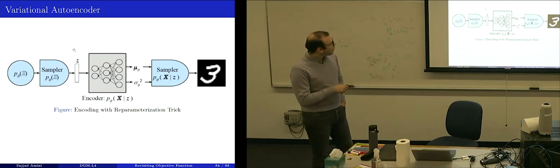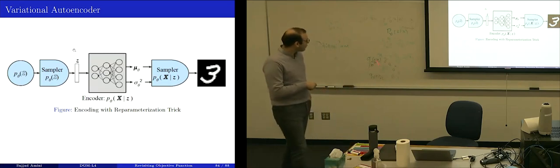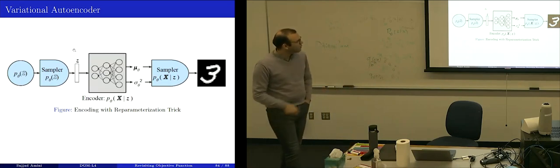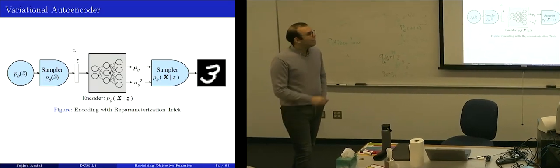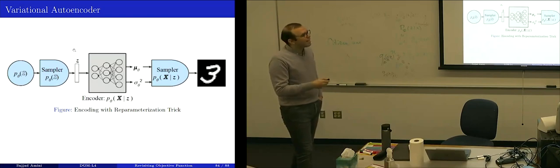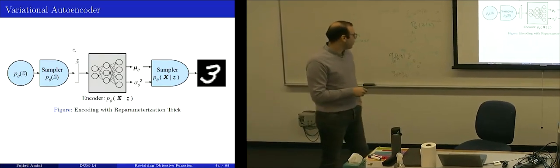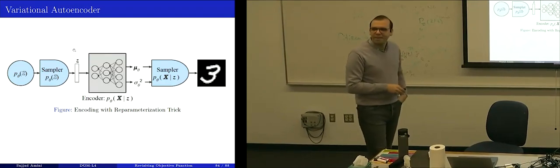Why? Because this prior is near to the approximate posterior for different MNIST images. We cannot guarantee that the resulting image is 3, but hopefully we see some meaningful data here, and you will see in your homework. Any question?